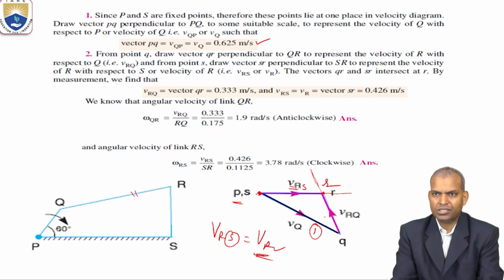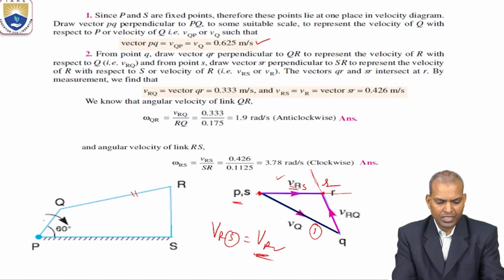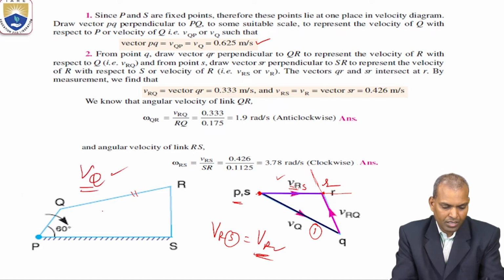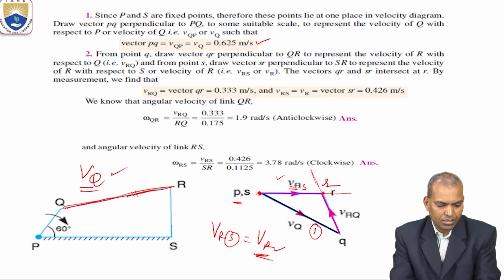RS is one absolute velocity, and the point Q connected to P, that is VQ, is another absolute velocity. And QR is a relative velocity, that is VQR.